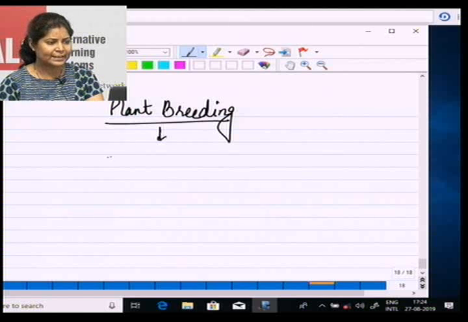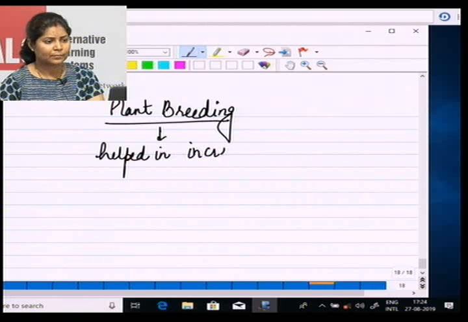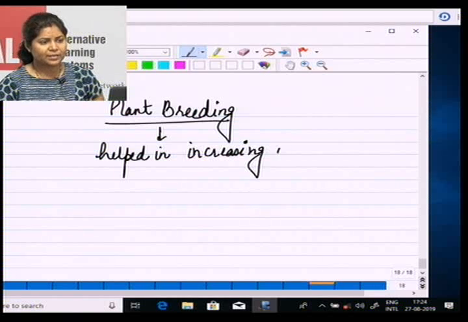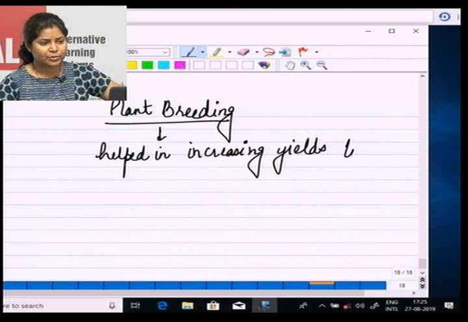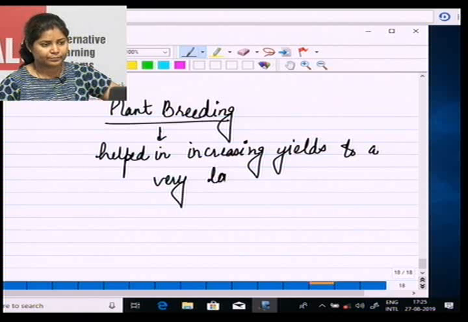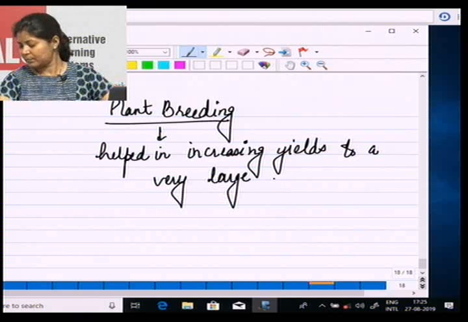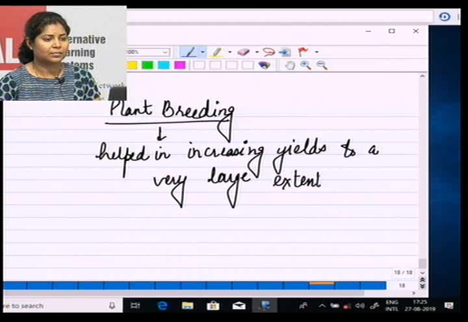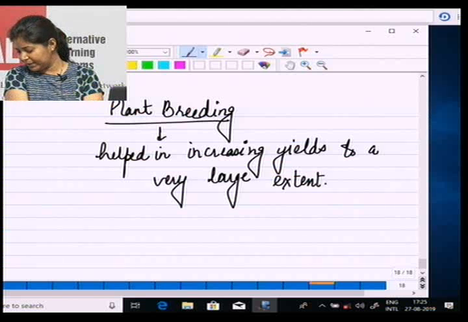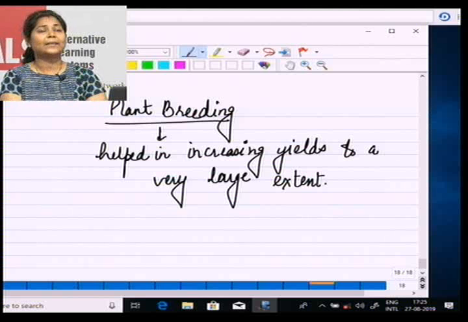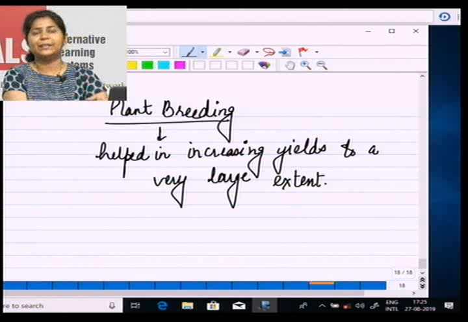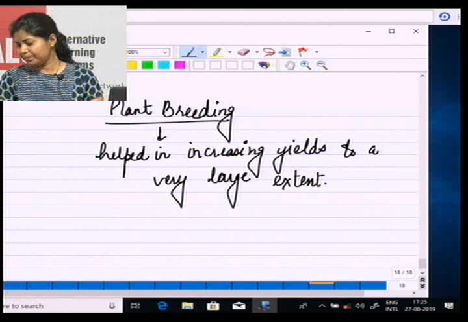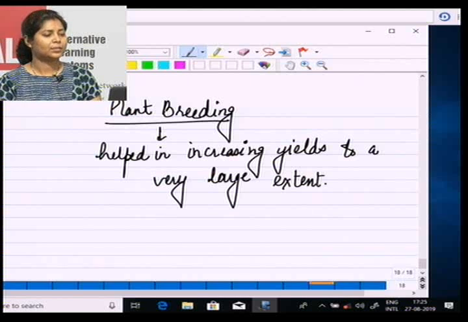This is a technique which has helped in increasing yields to a very large extent, and that is said to be plant breeding. Okay? Sorted?